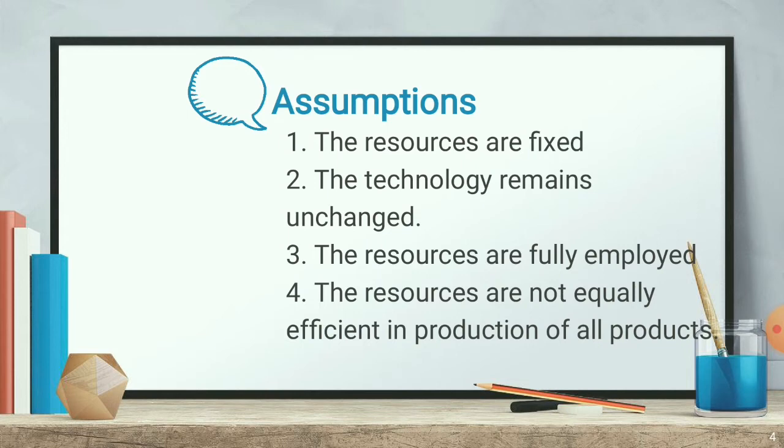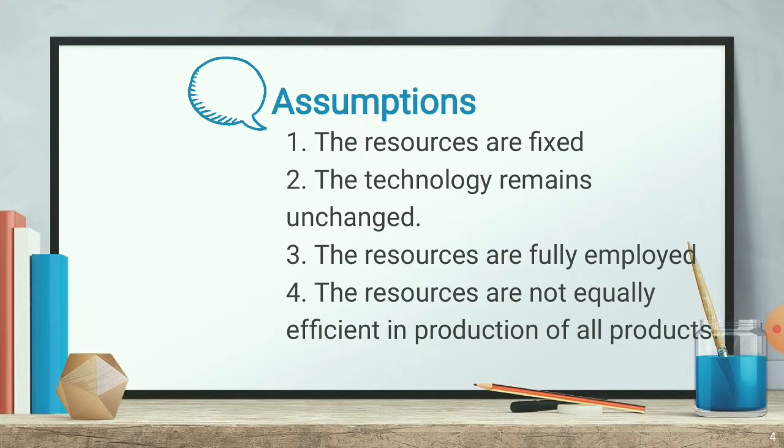Second, the technology remains constant. Whatever technology we are using, whether labor intensive or capital intensive, that should be chosen the first time and will remain unchanged, meaning we will not change it at every stage of production. Third, the resources are fully employed.